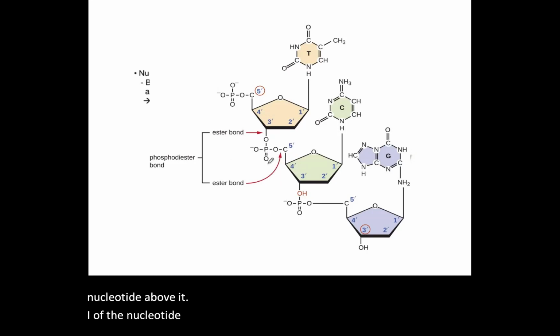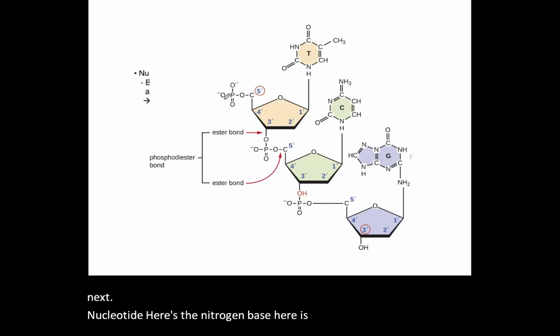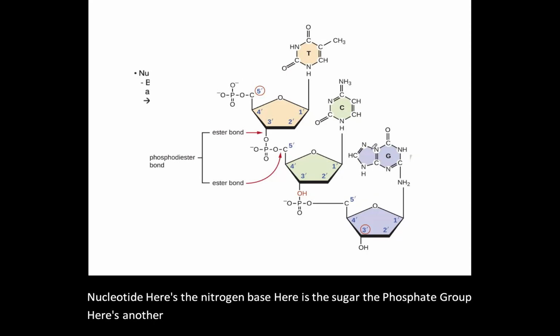So here's one nucleotide. Here's the nitrogen base. Here's the sugar. Here's the phosphate group. Here's the next nucleotide. Here's the nitrogen base. Here's the sugar. Here's the phosphate group. Here's another nucleotide, with its nitrogen base, sugar, and phosphate group.